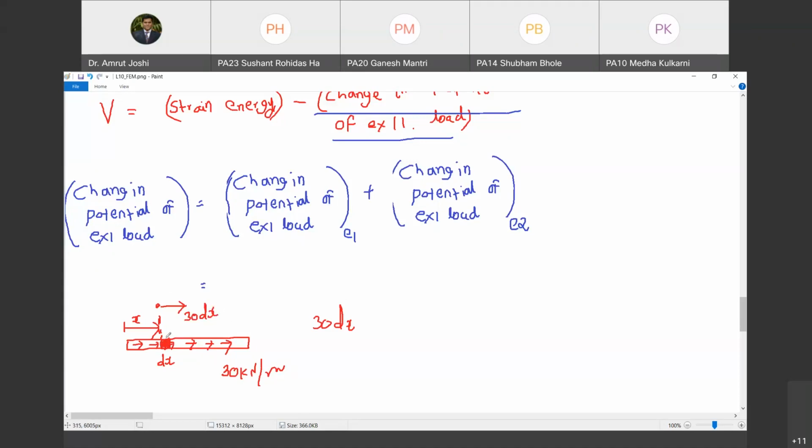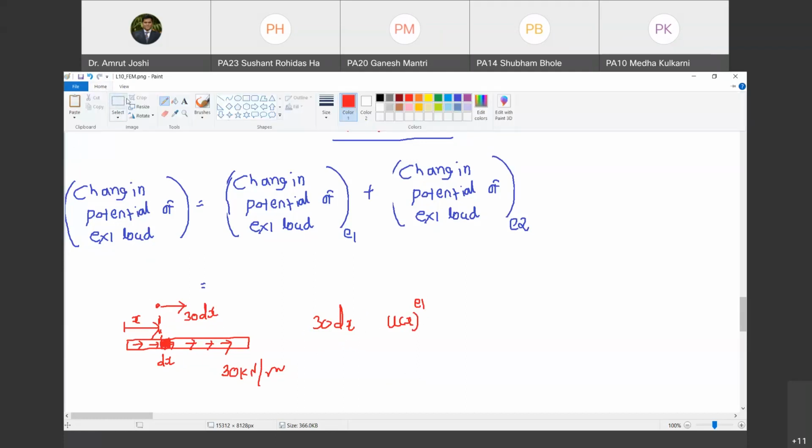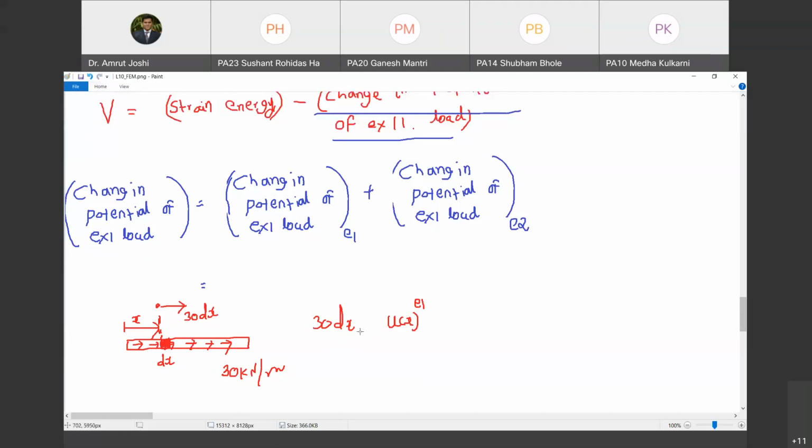Yes. Now, at distance x within the element, you are going to have x directional deformation as u of x. This is in element number 1. Do you agree with me? Type your response in chat box. 30 dx into u of x. Yes. So now, what is the change in potential? Change in potential will be 30 dx, that is load, multiplied by u of x.